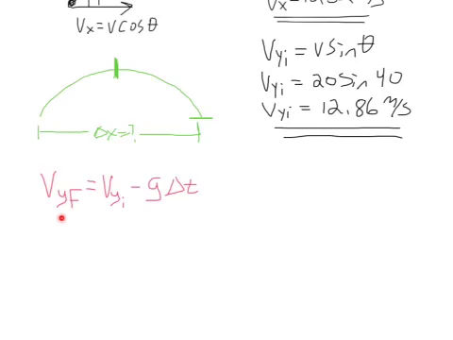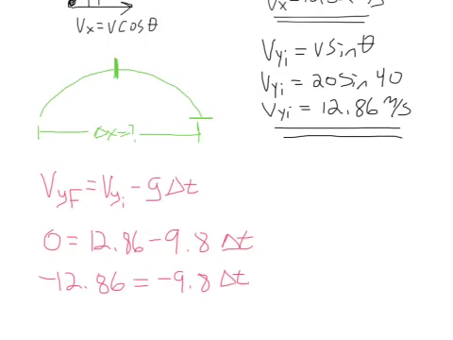Because we know that in the vertical direction this thing's really in free fall, we're going to use our free fall kinematics equations. At this highest point, its velocity in the y direction will be 0. Its initial velocity in the y direction we found to be 12.86. Its acceleration in the y direction is 9.8 meters per second squared, and we can find the time to the highest point.